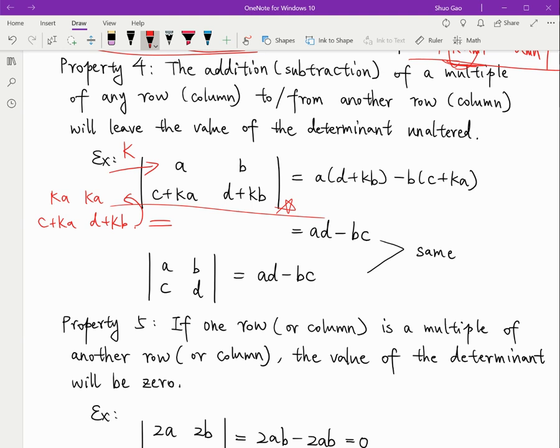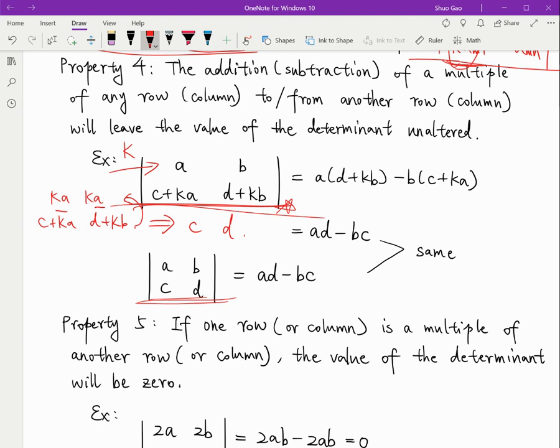We first multiply K times the first row and then subtract it from the second one. So the second row becomes C and D, right? Because we have already subtracted the altered first row from the second row. So the second row becomes C and D, but the first row is still A and B, right? So this determinant is the same as this determinant. A, B, C plus KA, D plus KB.